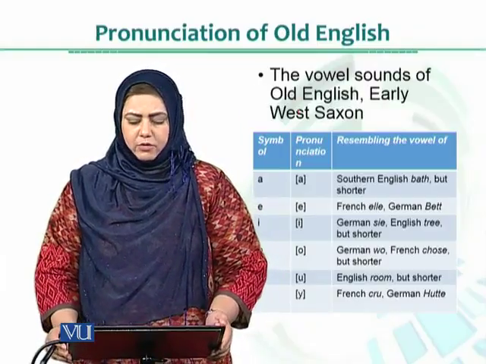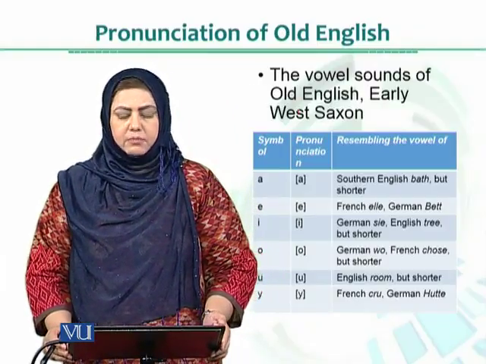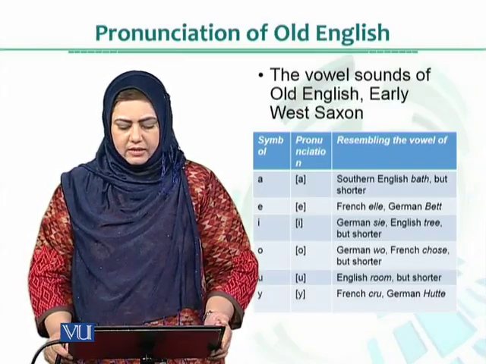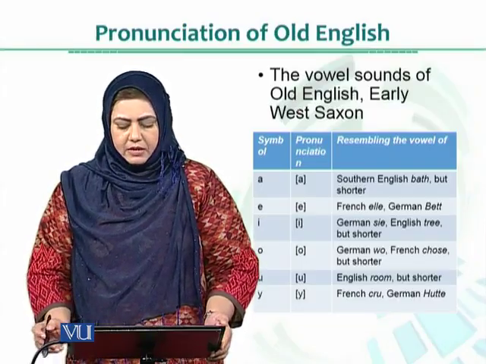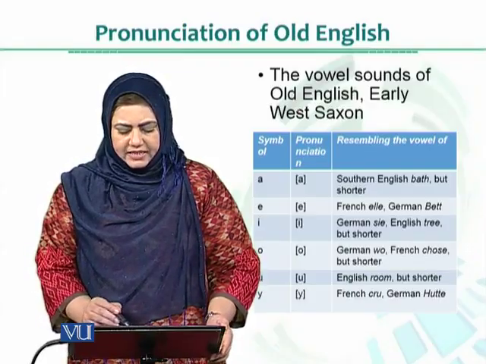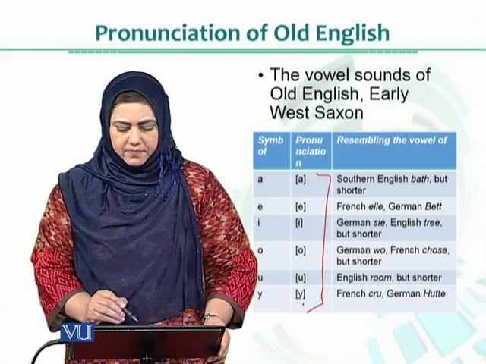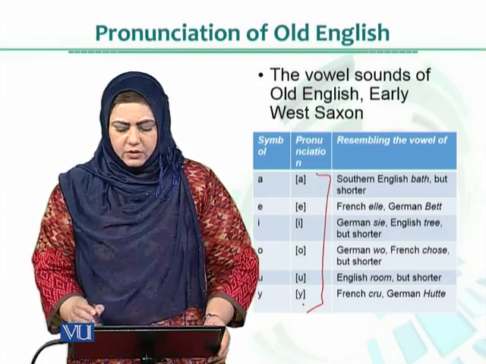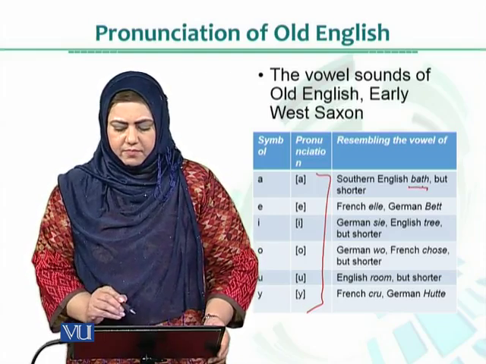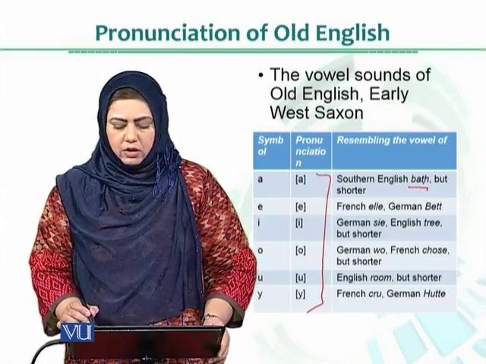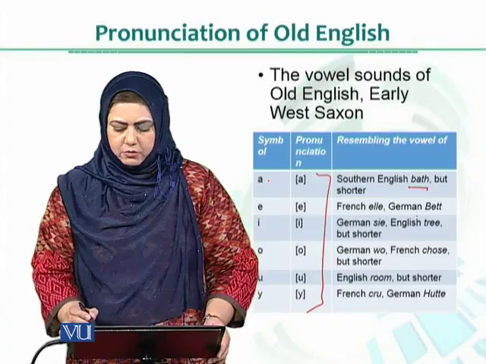Here you can see the vowel sounds of Old English from the early West Saxon times, and what you can notice again here is, I would not talk about each one of them separately. I just want you to notice their pronunciation here. Notice the word bath, even if it is longer, the same a sound would be used.